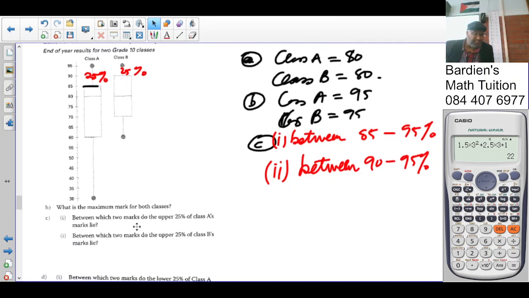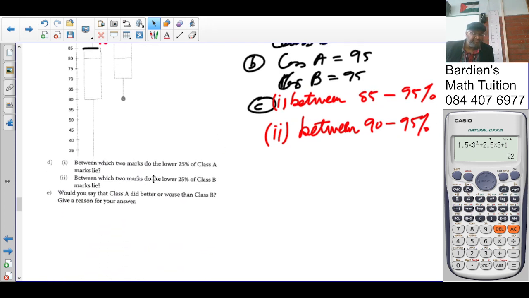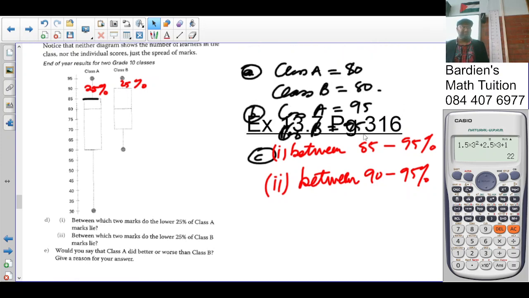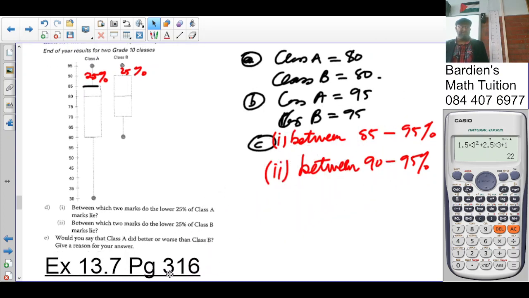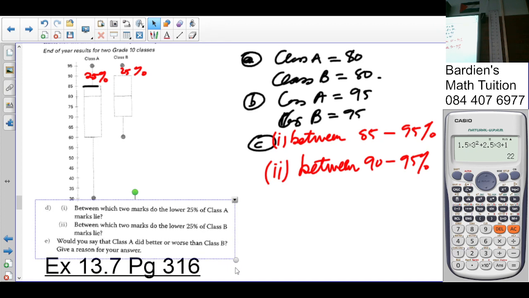Then the question says, let's put this here. Then the question says, between which two marks does the lower 25% of class A lie? Okay, so that's D1.